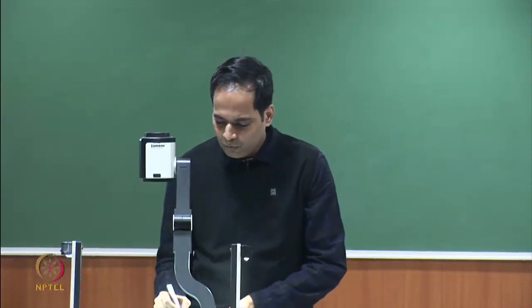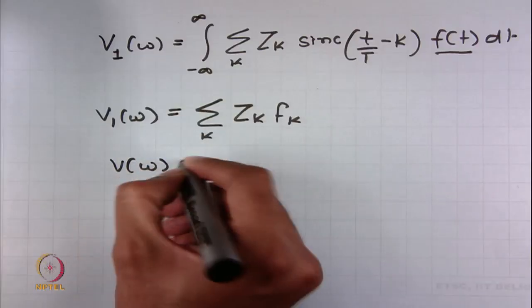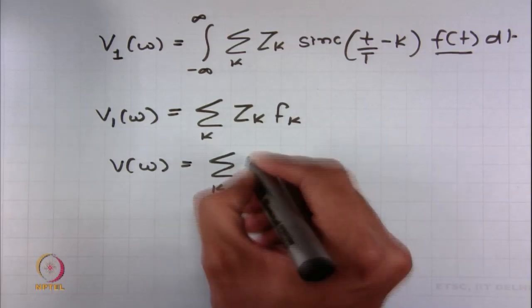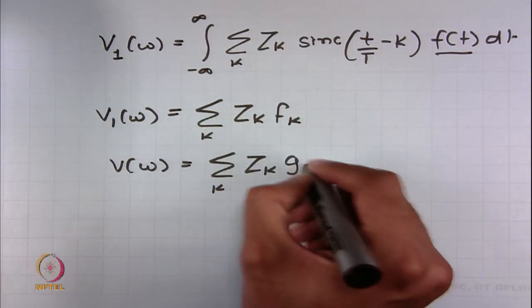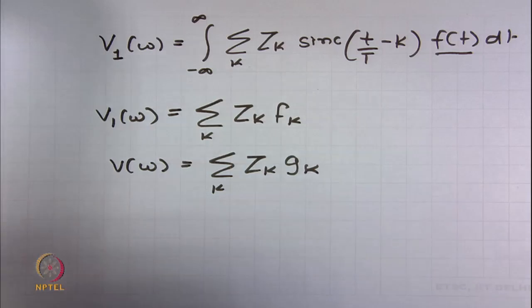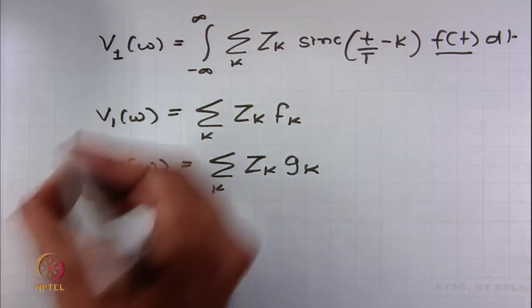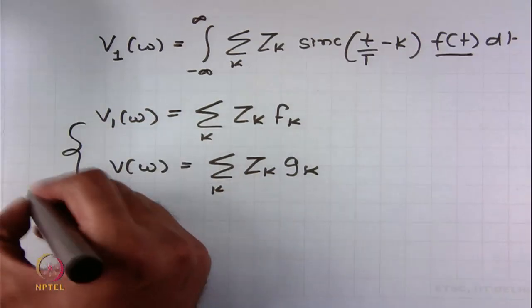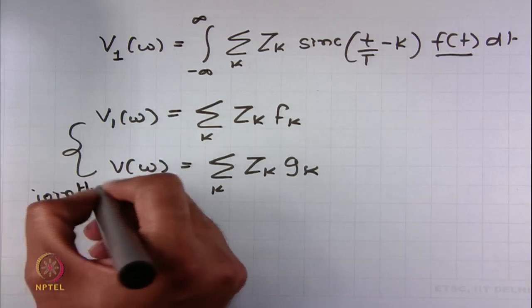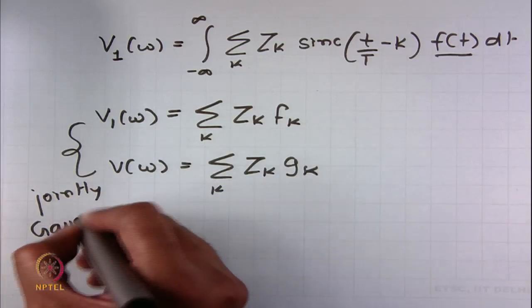Now, if you see V1 omega and V omega, they are different linear combinations of the common underlying set of independent Gaussian random variables, and thus these are jointly Gaussian random variables.